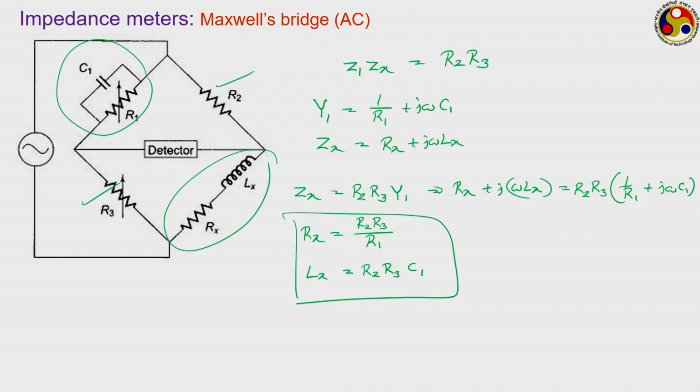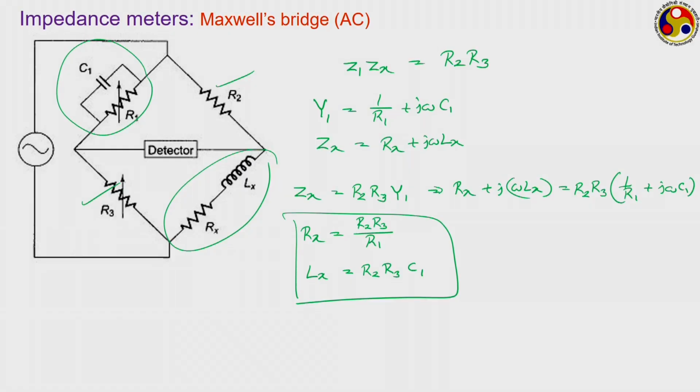This is the way to show how we can make use of different bridge circuits in case of both DC and AC circuitry to measure the voltage as well as measure the impedance of circuits. Despite the calculation being so easy, one issue with the Maxwell's bridge is the Q factor that we commonly calculate, which is given as omega Lx by Rx.